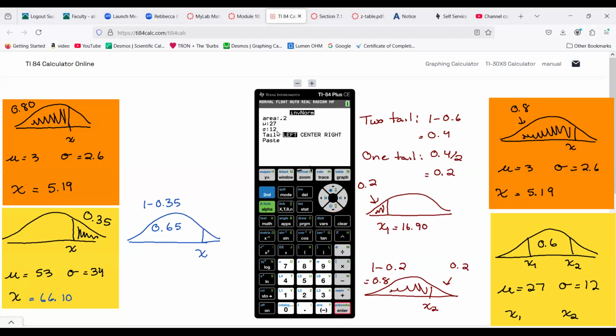For X2, the only thing that changes is that now we're looking at the area to the left of X2, which happens to be 0.8. We're just going to say that X2 is going to be 37.1. We round out.